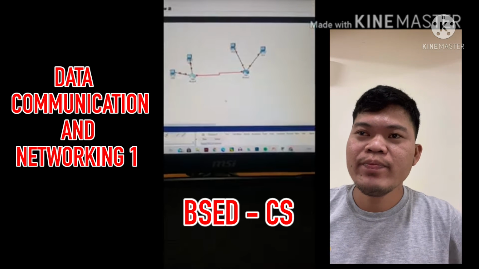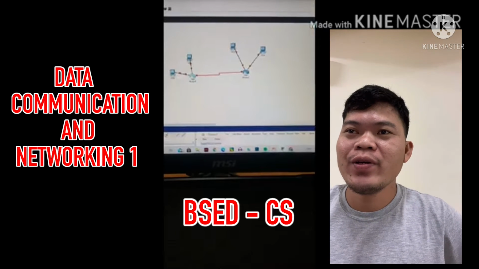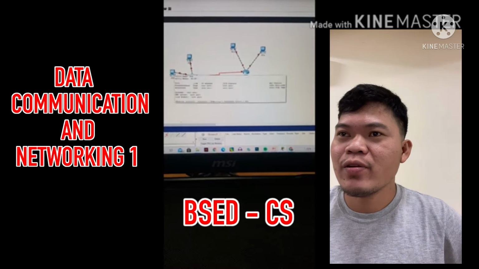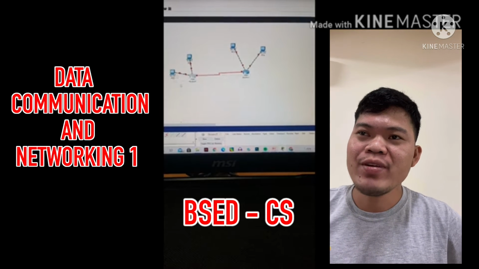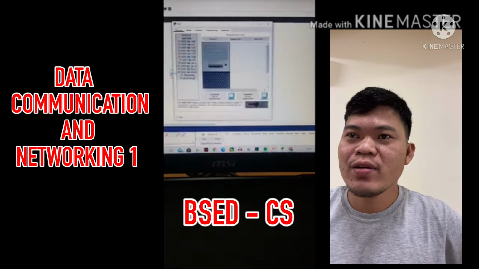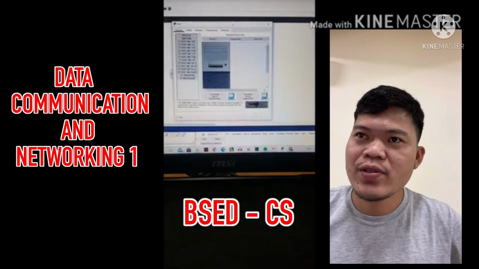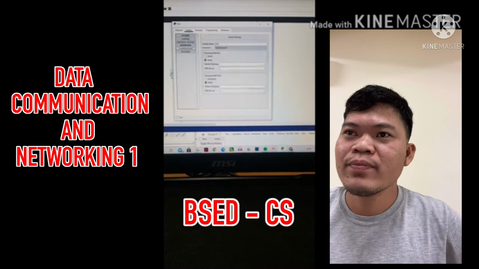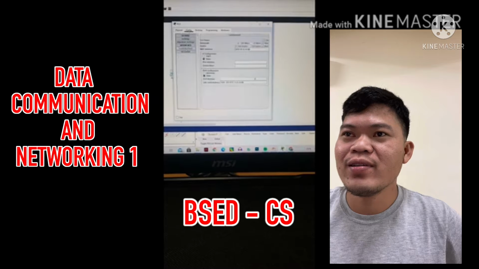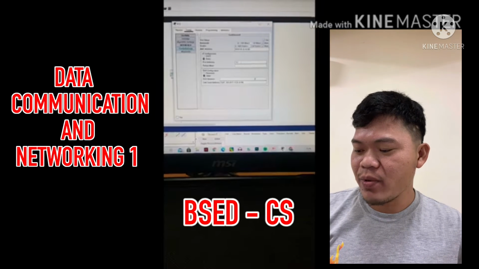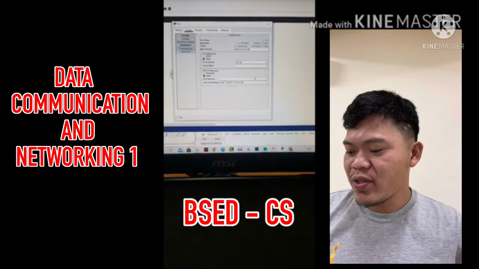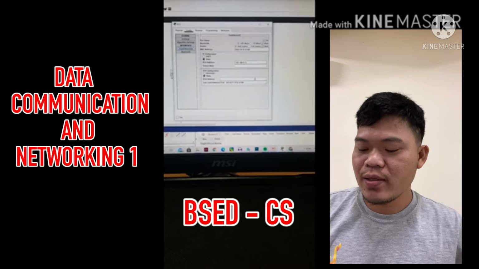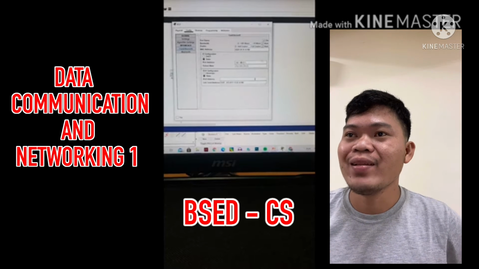So here I'm going to walk you through how to configure IP addresses on different PCs so that every IP address is unique. For example, we click this PC0, go to config, then FastEthernet, then its IP address, for example 192.168.0.1, then just click enter for the subnet mask.